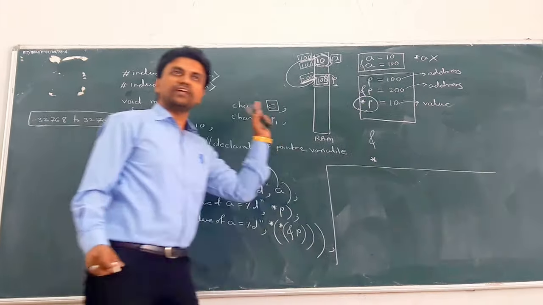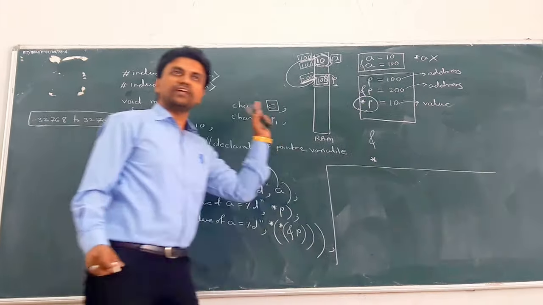Again, ampersand means 10's address. What is 10's address? 100. And 100's pointer, so this also gives you the same value, that is 10. So in these different ways we can access the value of a in different indirect ways.